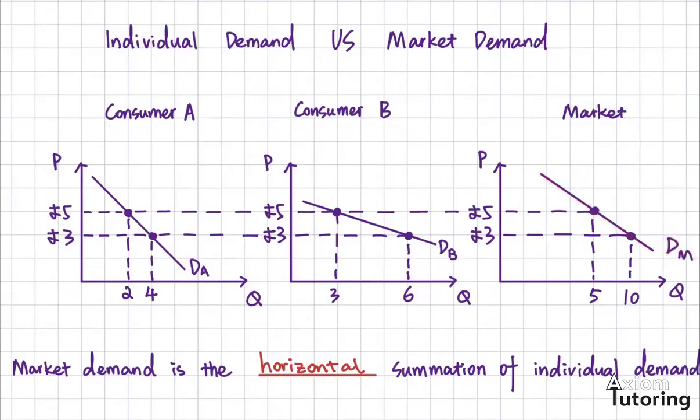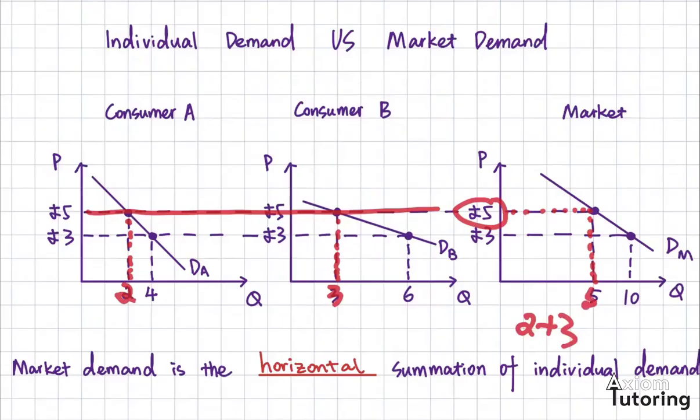For example, at the price of £5 each, A is going to demand 2 units, while B is going to demand 3 units. In a market that consists of just A and B as consumers, the market quantity demanded of the good at the price of £5 each is going to be 2 plus 3, 5 units.